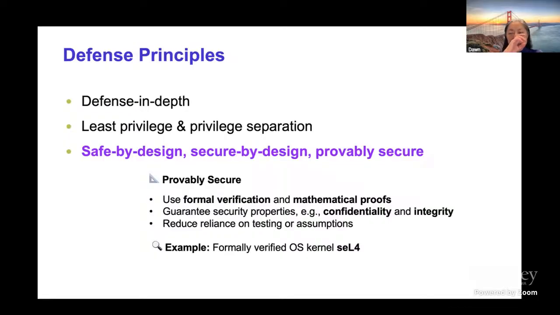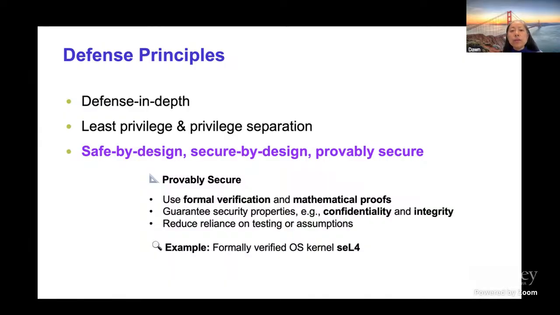Ideally, we would formally specify the desired security properties, for example, confidentiality and integrity and so on. Then, using formal verification and mathematical proofs, we can prove that the system satisfies the desired security and safety properties.